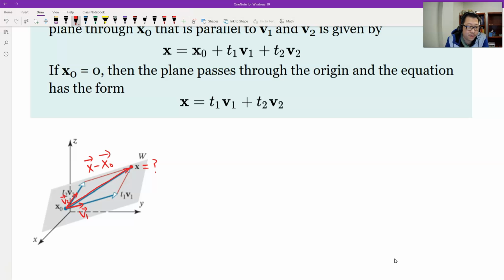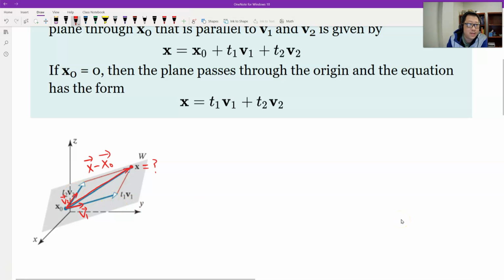So one vector is v1, extended a little bit, which is collinear. That's T1 times V1. And another vector is V2 extended a little bit, which is T2 times V2. Therefore, this diagonal should be the sum of these two.